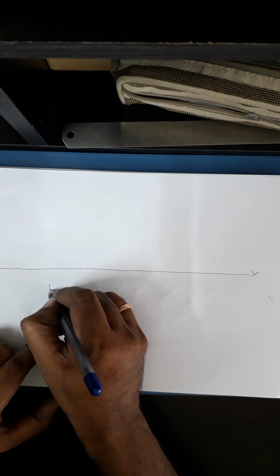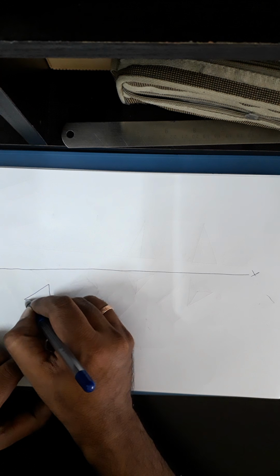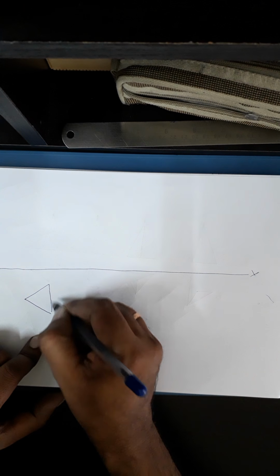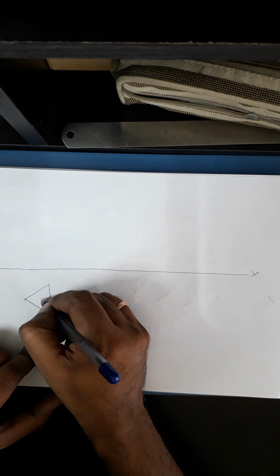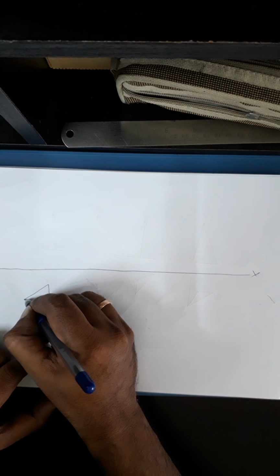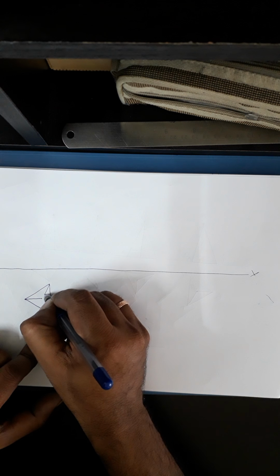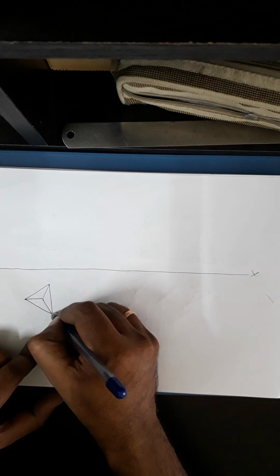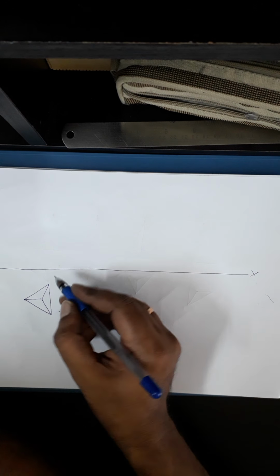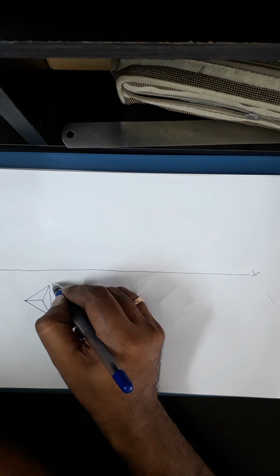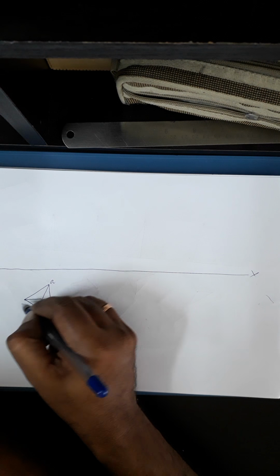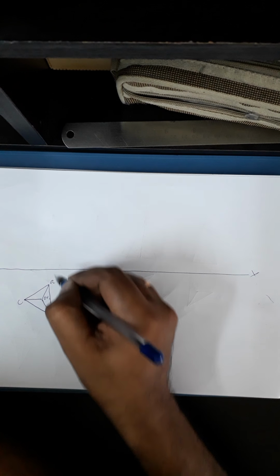Resting on one of its corners, any pyramid, the same procedure. I'll just go for a triangular pyramid because it has the minimum number of edges to draw. To help you understand, but I want you to try with other pyramids, pentagonal and hexagonal pyramids. A, B, C, O, O1.